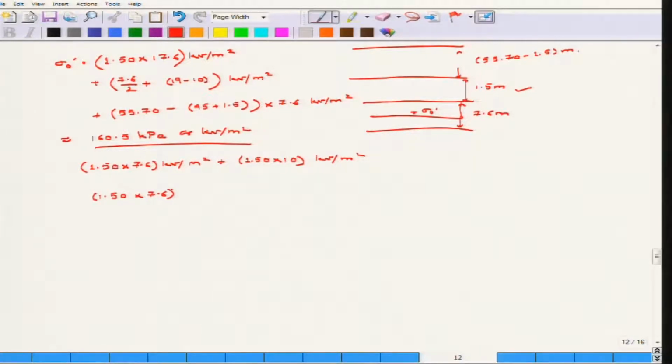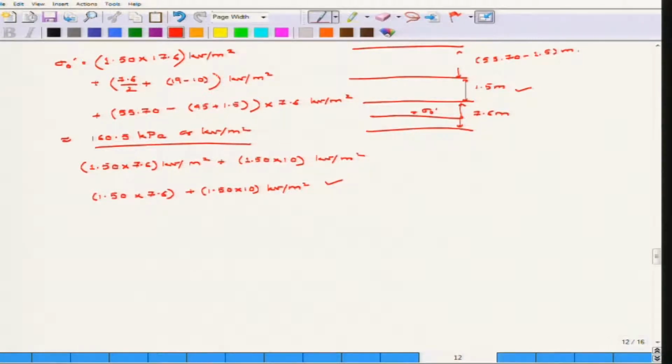But as you know from the concept of effective stress, 10 kilonewton per meter square has to be added, so 1.50 into 10, because it is experiencing suction, capillary rise, so it is multiplied with 10 in order to increase the effective stress. So 1.50 into 7.6 plus 1.50 into 10 kilonewton per meter square is the final value for this part.